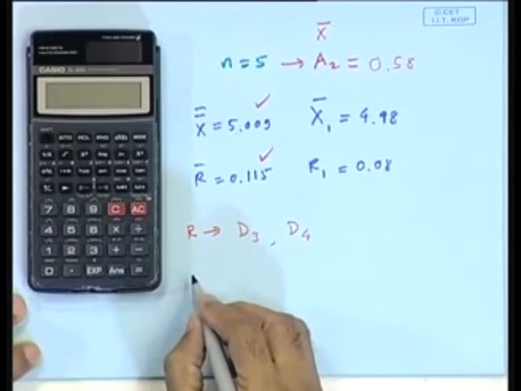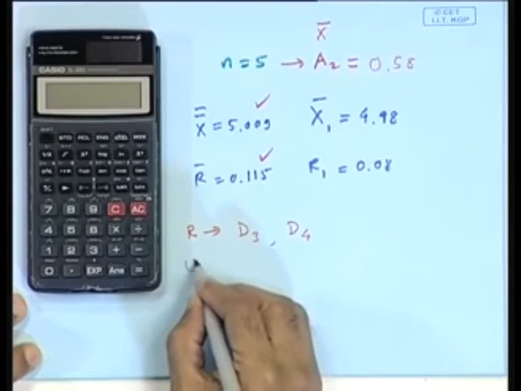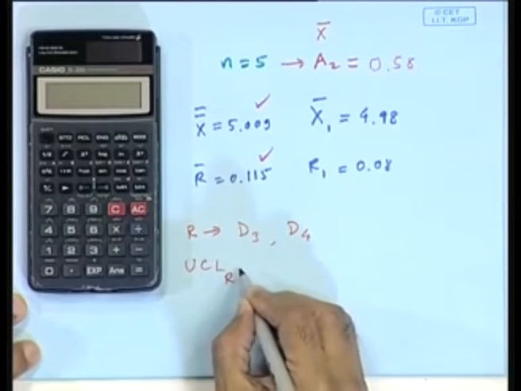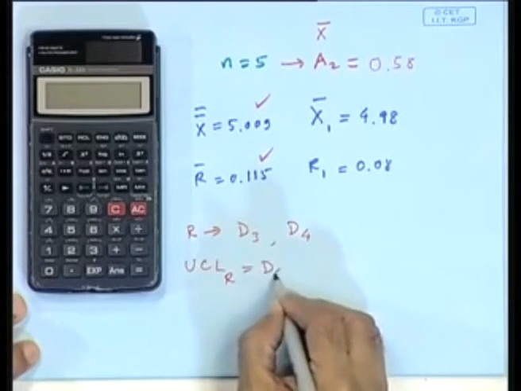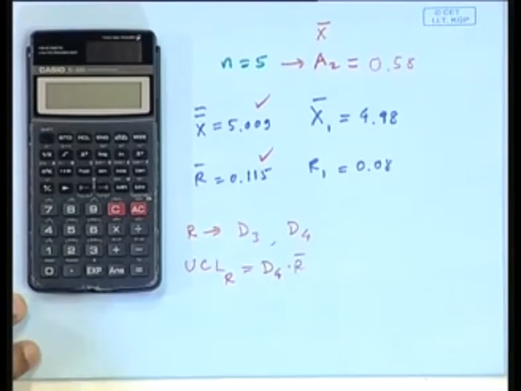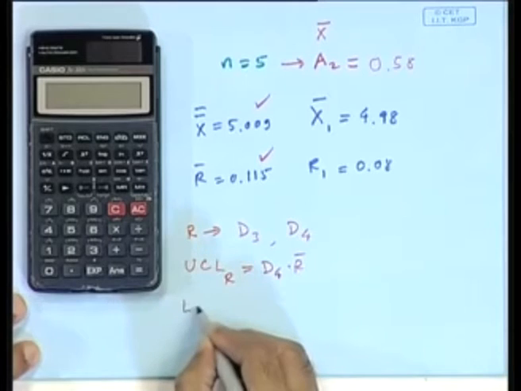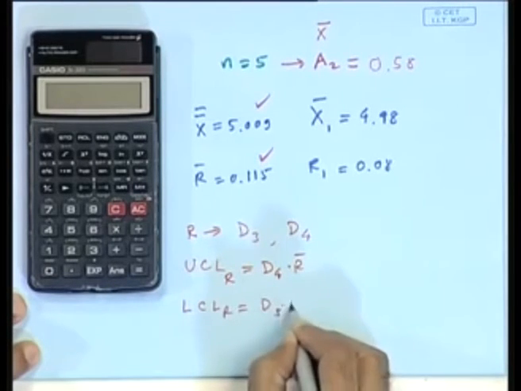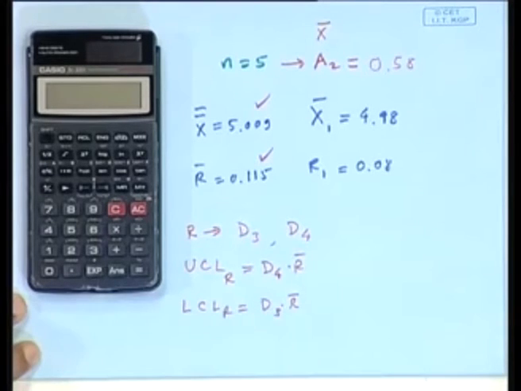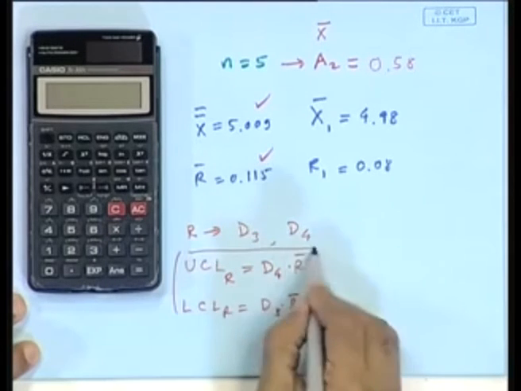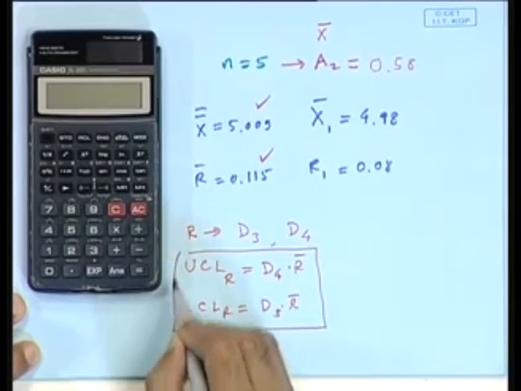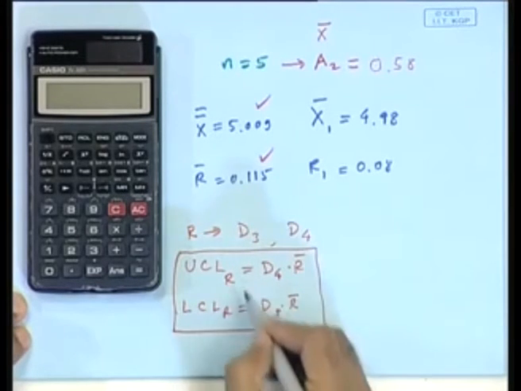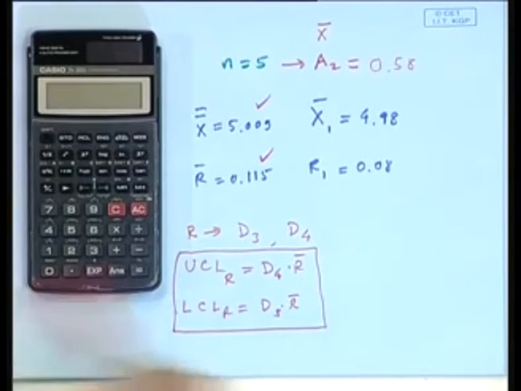And what is the formula for the range chart? UCL for R is D4 times R bar, and LCL for R is going to be D3 times R bar. These are the formulas that are utilized in constructing a range chart and putting control limits on it. And that's what they have done on the screen there.